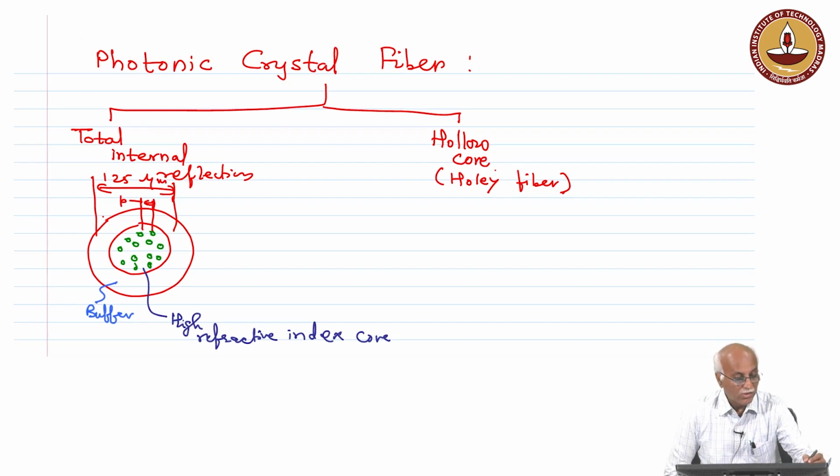Now, the center portion is solid. It is the same high refractive index material, but the center portion is solid, not periodic holes. So, this approach allows some part of the light to remain confined in the core with a high refractive index.